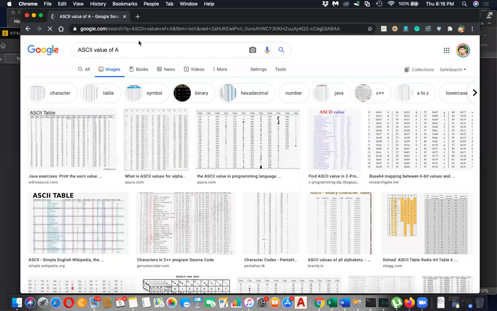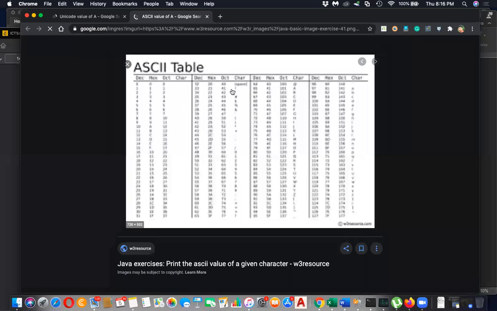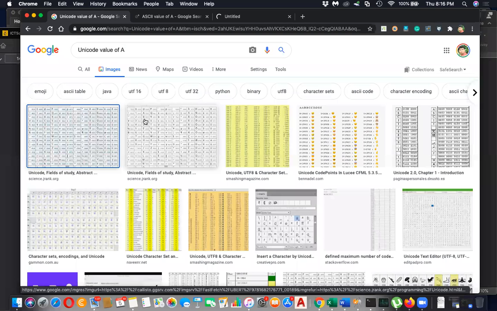This is ASCII. Unicode. Okay, can you see this table? A bit blurry, but I can see a bit.